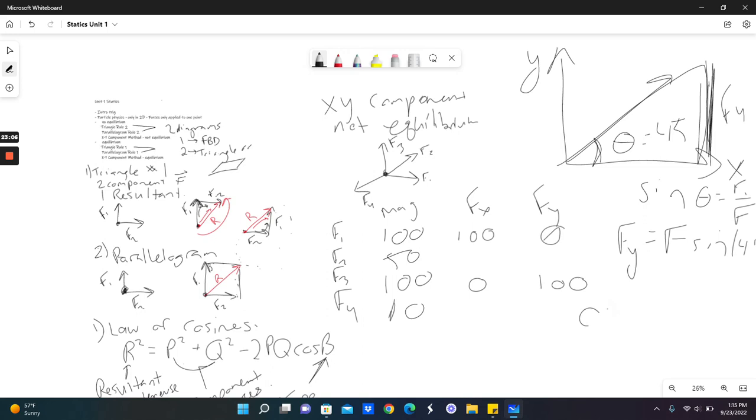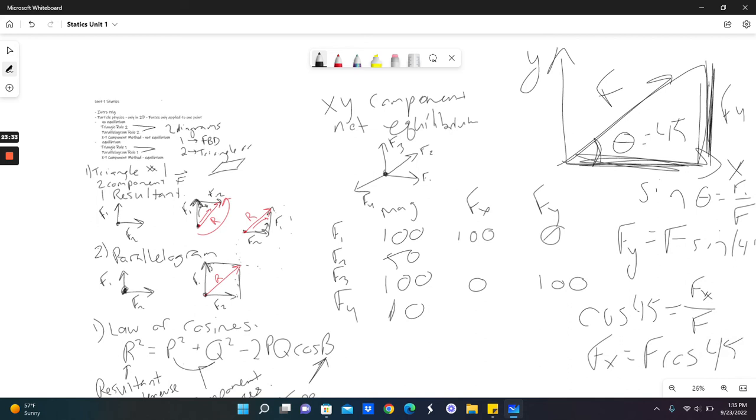Our cosine of 45 would equal, cosine equals adjacent over hypotenuse. Adjacent is going to be this one, which correlates with your x value, over hypotenuse, which is your force magnitude. So Fx equals force times cosine 45.